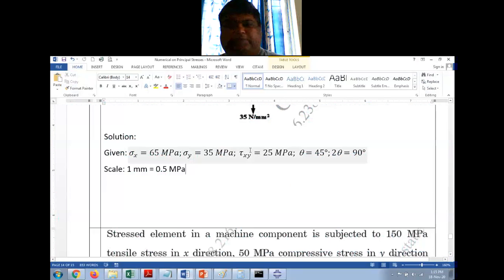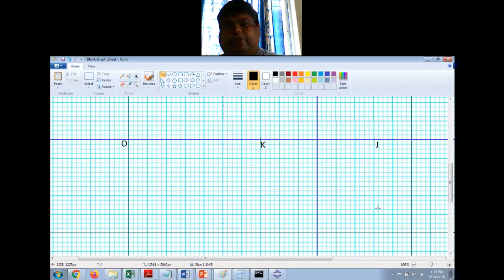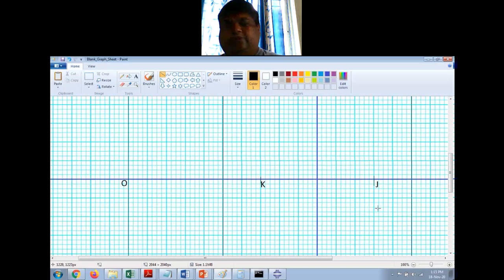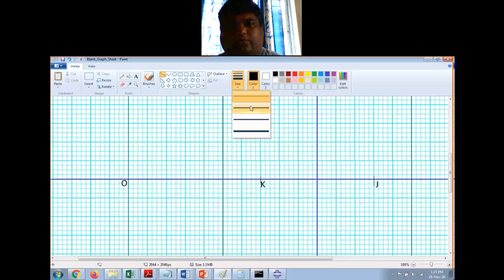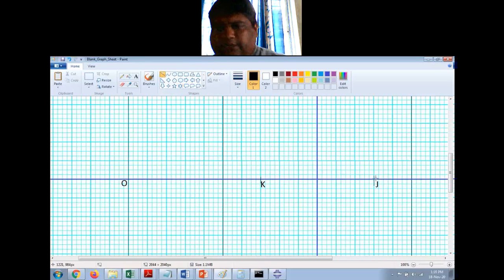Now what else is given? Tau xy is given, and that is positive 25 megapascal. Whenever you have positive shear stress, from here you have to measure it in upward direction. I use a thicker line.